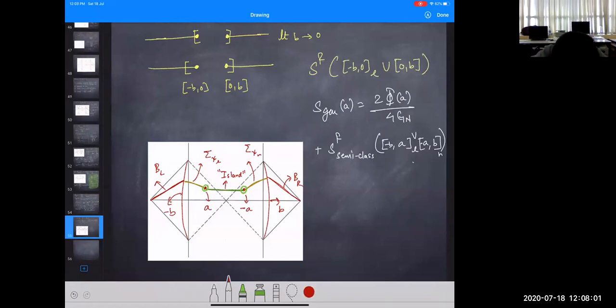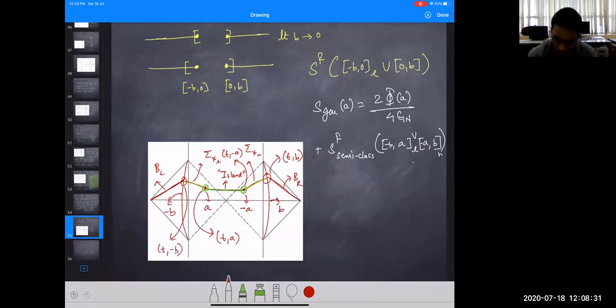So let's say that this point here is T comma B. Okay, and this point here is T comma minus A. This point here is T comma A, and this point here is T comma minus B.